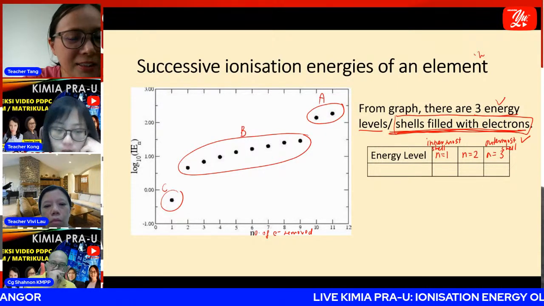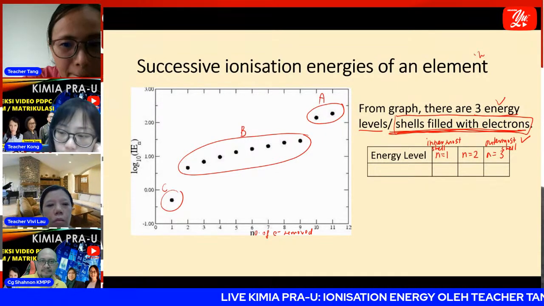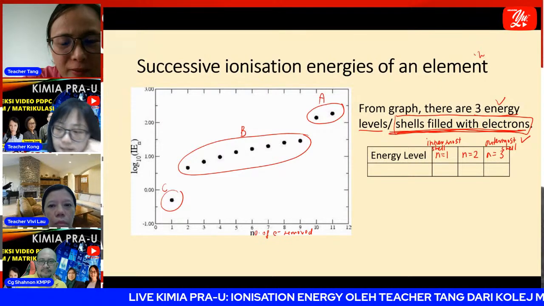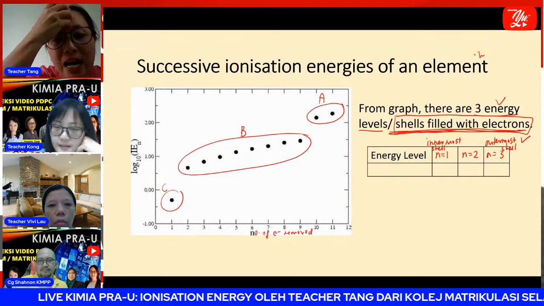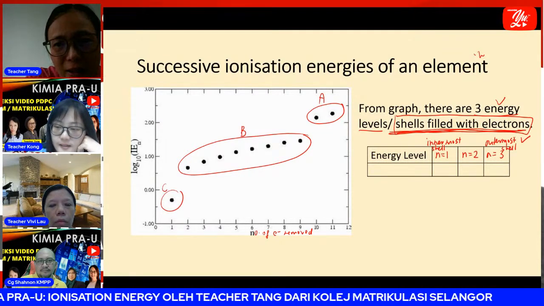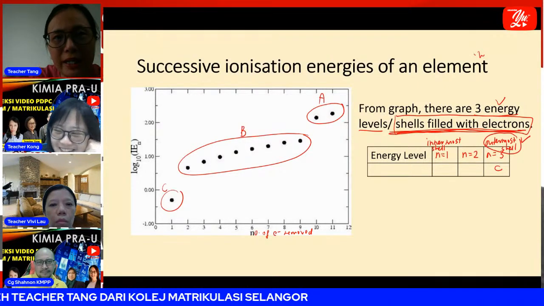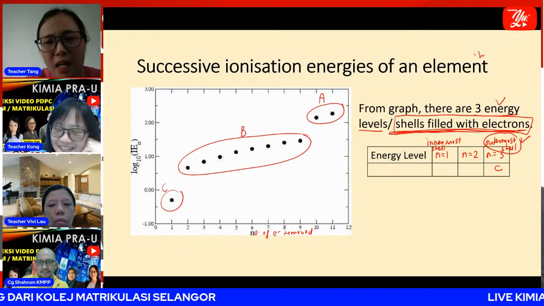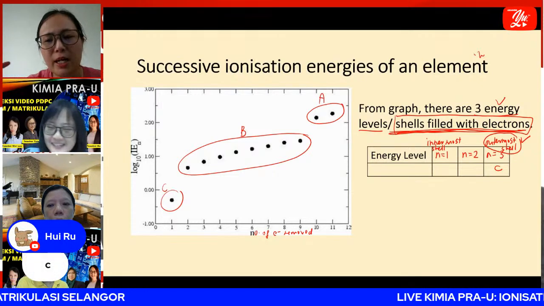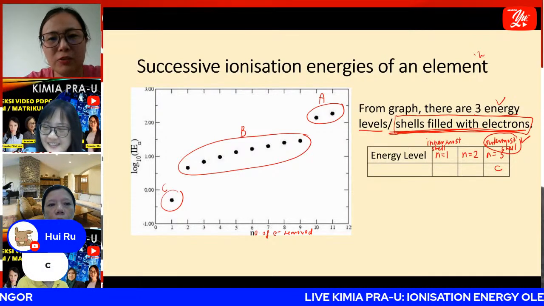Okay, any answer from the students? Answer from Team Wong, A. Okay, so the answer, the outermost shell, is C. The outermost shell is the shell that is furthest from the nucleus.